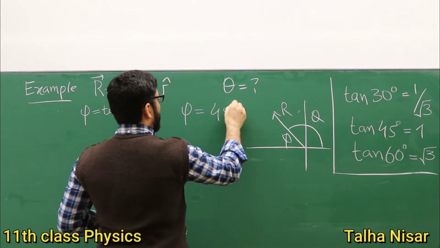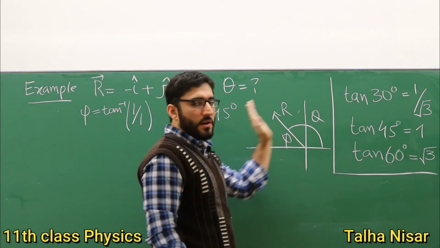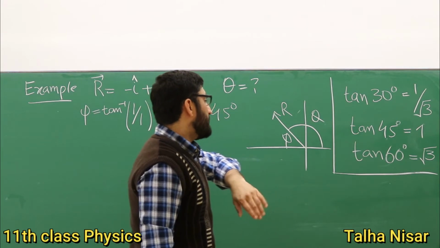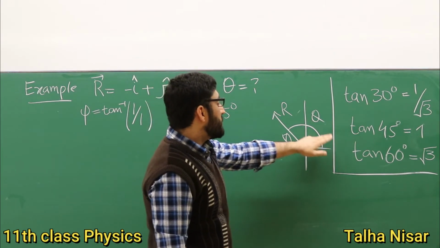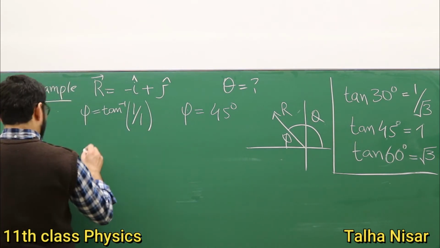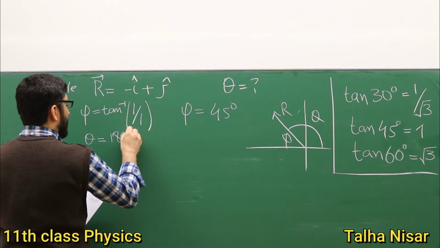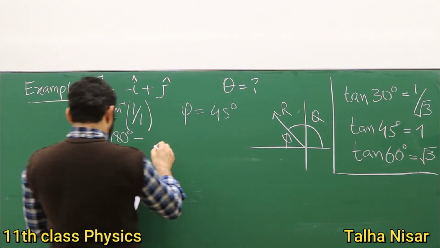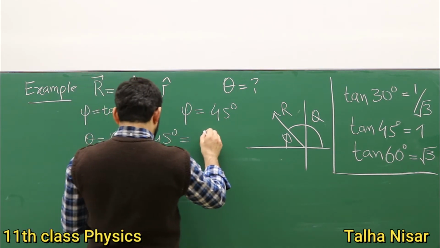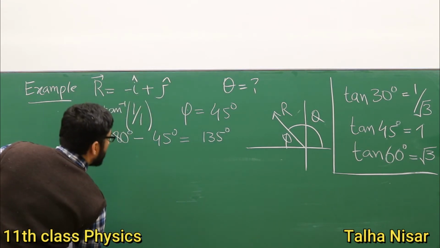So phi is 45 degrees, but we are interested in theta because the direction is always represented by the angle with respect to the positive x-axis. So theta is equal to 180 degrees minus 45, which is 135 degrees.